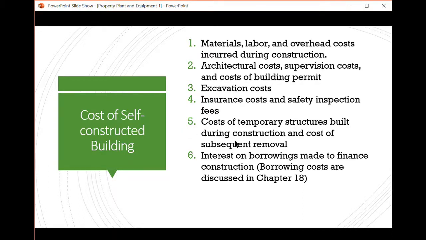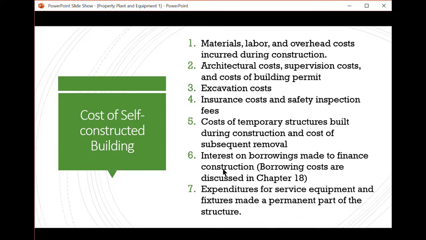So kinahanglan nimo nang kuhaon kung pila man gyud dapat ang attributable to the building. But if the borrowing is intended gyud solely for the building, wala gyud siya laing gigamitan. So ang interest nga na-incur nimo adto nga borrowings madung ito tanan sa building nga account.